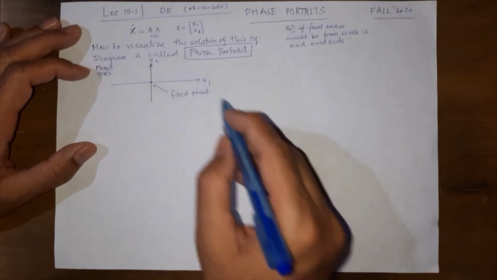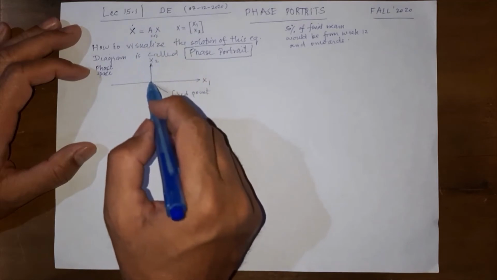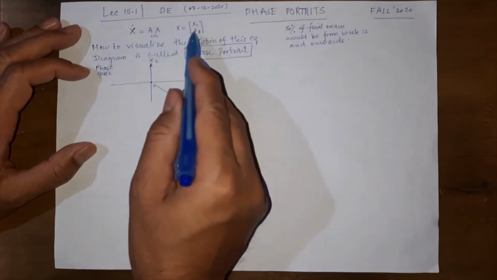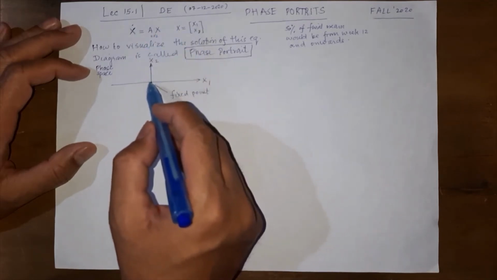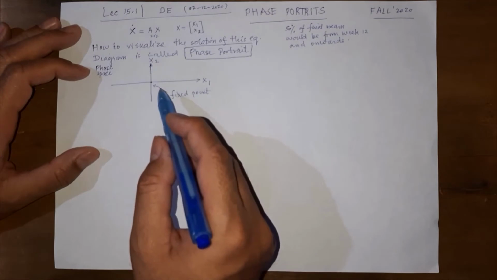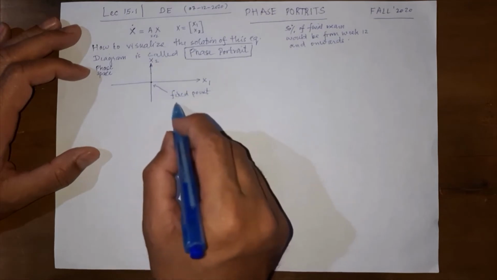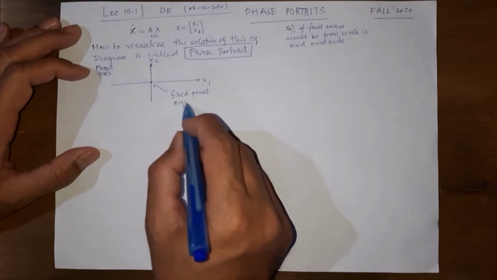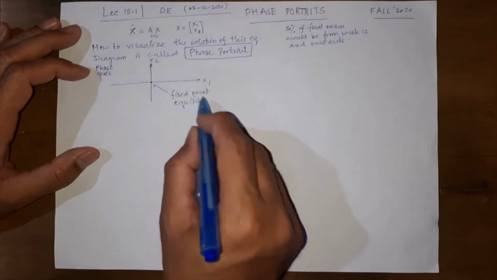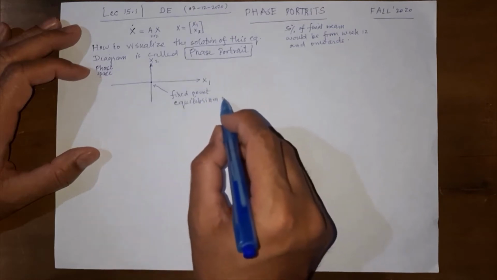So if we have an initial condition for this equation where x1 is 0 and x2 is 0, then the system is not going to go anywhere and will stay here, and that is why it is also called an equilibrium point.